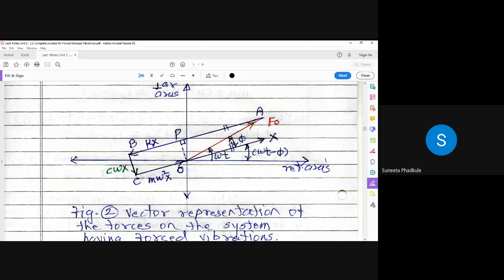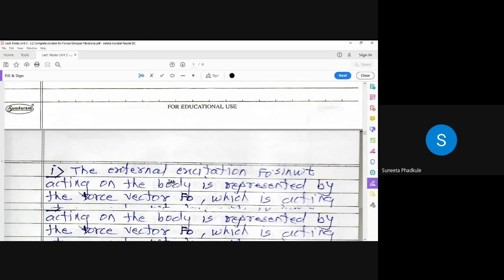The angle between FO and X will remain phi only. The angle between spring force and damping force will remain perpendicular only. The angle between damping force and inertia force will remain perpendicular only. Understood this concept? So the relative positions of all these four force vectors always remain the same in spite of the vibrations taking place in any direction.